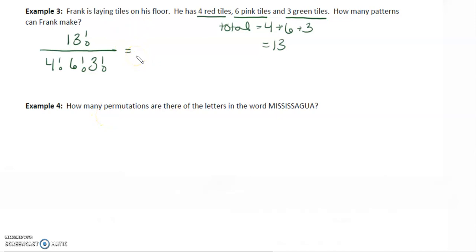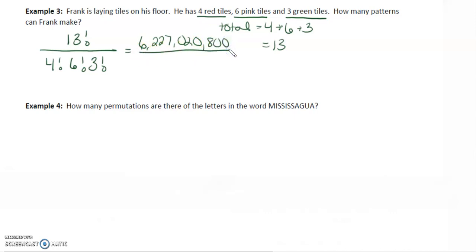If we put this into our calculators, we're going to get a massive number. I'm going to do this in 2 steps, but I want you guys to be able to do it in 1 step. 13 factorial is 6,227,020,800.